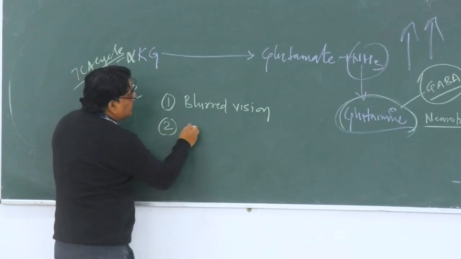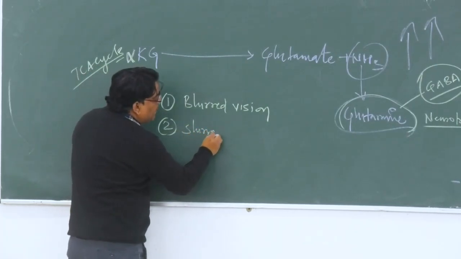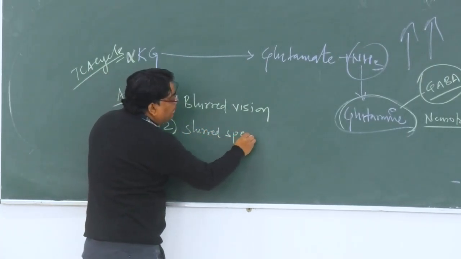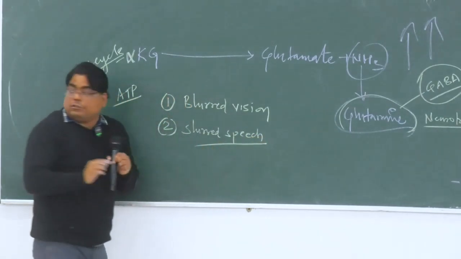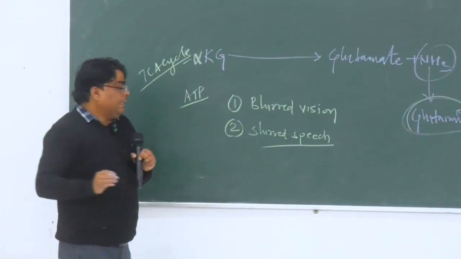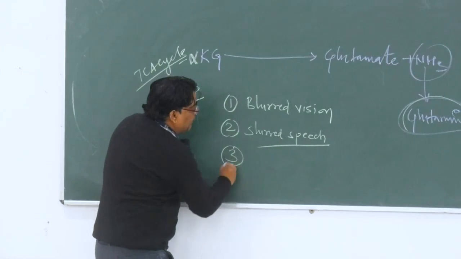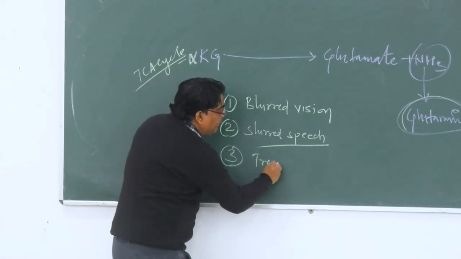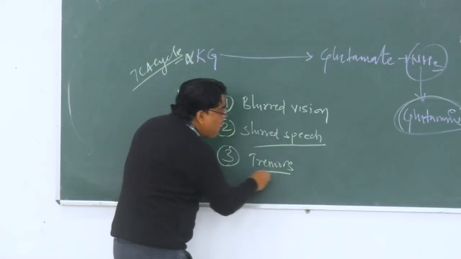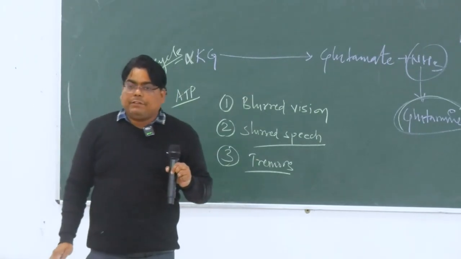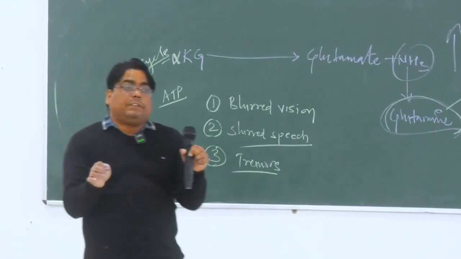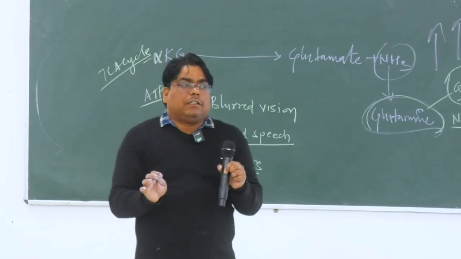Second one, slurred speech. The patient is not able to speak clearly. Third one is tremor. Tremor, you know? You easily understand, there is no coordination of both the hands for some time.